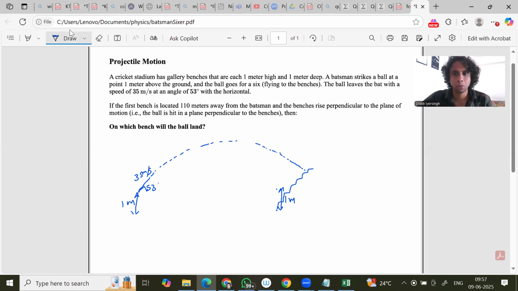And the benches go like 1 meter, 1 meter, 1 meter, 1 meter. So it's like a staircase. So if it's the fourth bench, let's say, that it hits, then it's going to be 4 meters horizontal and 4 meters up.